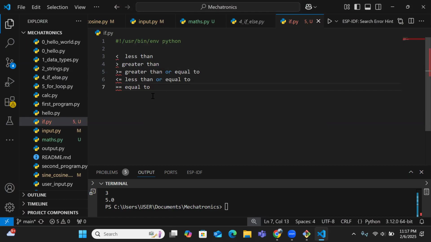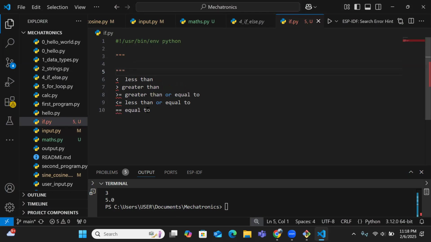Can you remember this? They are called conditions. The one with a single equal mark is not the comparison. If we do the double symbol like this, in programming, it means equal to.